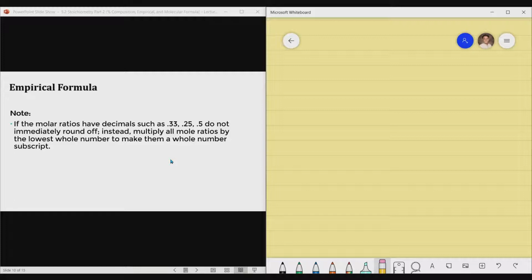For example, the mole ratios for the following expression were, say, 1.5, then 2.33, and then 2.1.